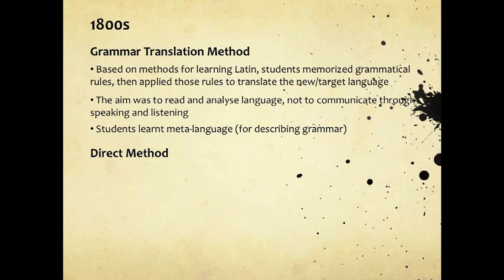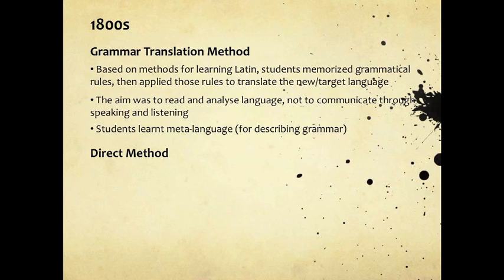The grammar translation method was essentially the same method that had been used previously to teach more ancient languages such as Latin and Greek. Latin is a systematic language that adheres closely to rules and patterns. Therefore, the main feature of the grammar translation method was to learn or teach those grammar rules.